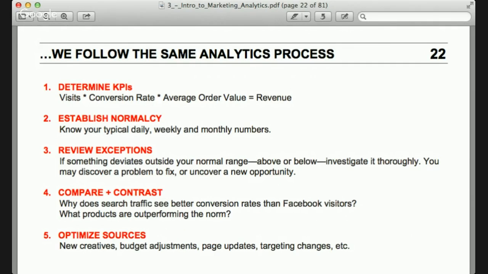Fourth is to compare and contrast what you're doing. Being able to look at the difference between different marketing channels, like for instance, Google search versus Facebook or Twitter or LinkedIn. Looking at how email marketing is doing compared to advertising performance. Next lesson, we're going to work on some equations and do a little bit of math to determine the relative differences between different traffic sources and how that impacts some of the data points that we're going to learn about tonight.